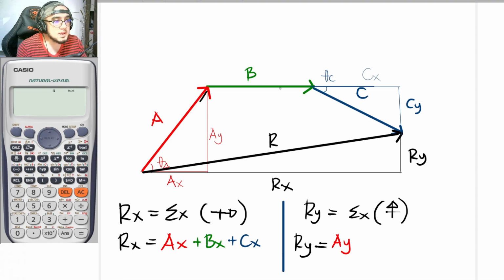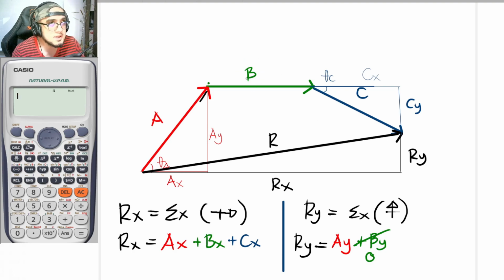As for B, since this is horizontal in nature, the vertical component here, By, is exactly equal to 0. So even if I include this By here, it is still equal to 0 since this is horizontal.